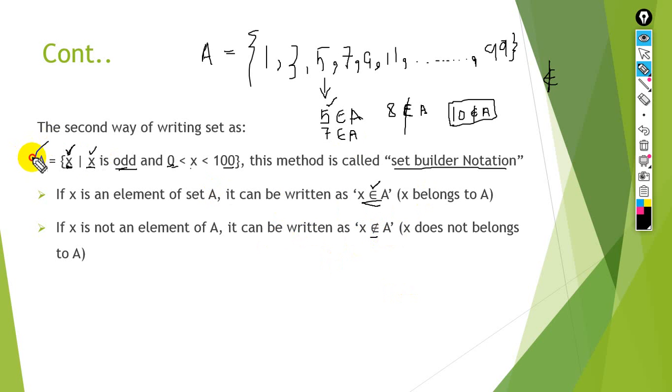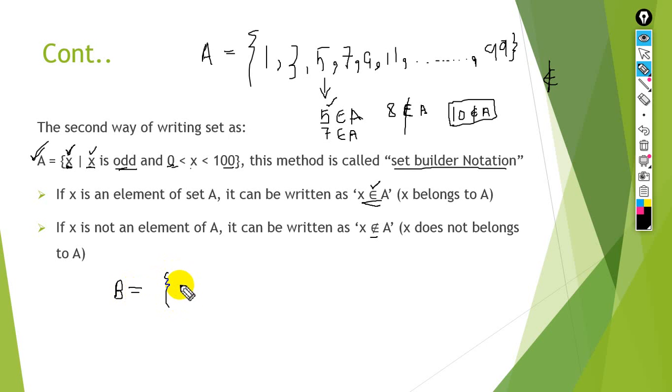Okay, here I'm giving you another example of set builder notation. For example, I'm taking even numbers. For even numbers, how will you write set builder notation? Even numbers between 0 and 20.